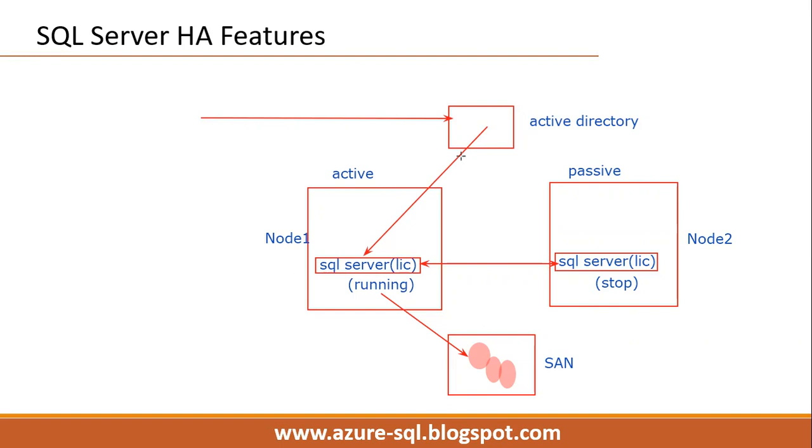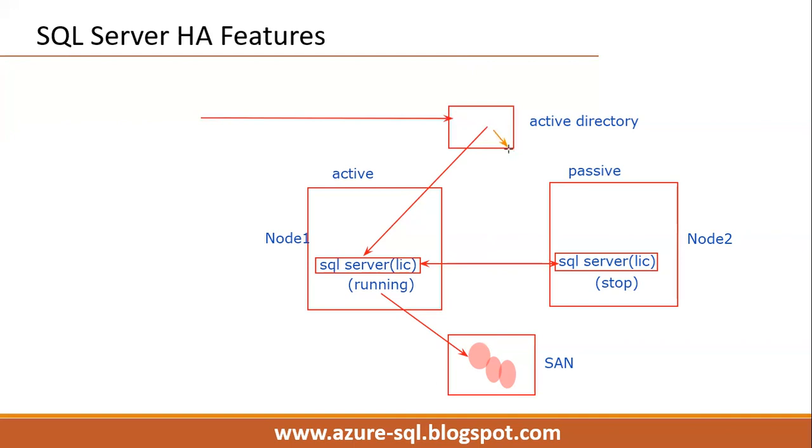Tomorrow, if this active node goes down unexpectedly due to any reason, remember, the services on the passive node are started automatically. Once the active node is down or not pinging, the SQL Server services are started automatically, and it becomes the active node.